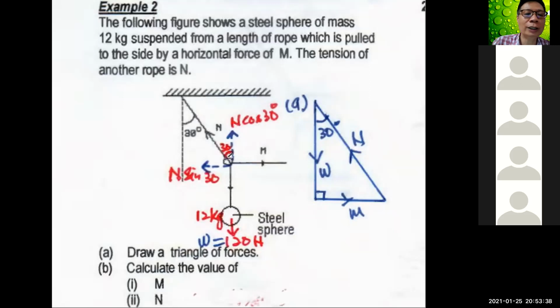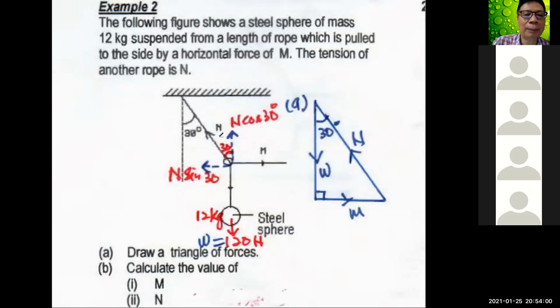So as normal, I told you, you break the force up into X and Y. X direction is here, Y is here, because it's going here, so the X might go to the left, Y go up.